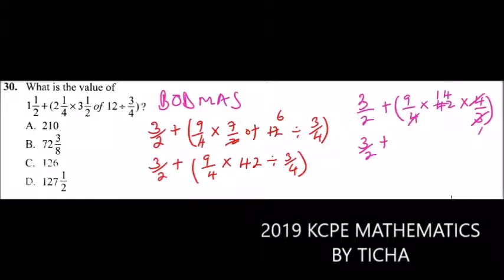That will give you, 9 times 4 is 36, carry 3, that is 12, carry 3, that will be 126. And since here we have 1.5, we add 1.5 to 126, you get 127.5. So if you check your answer, the correct answer is D.